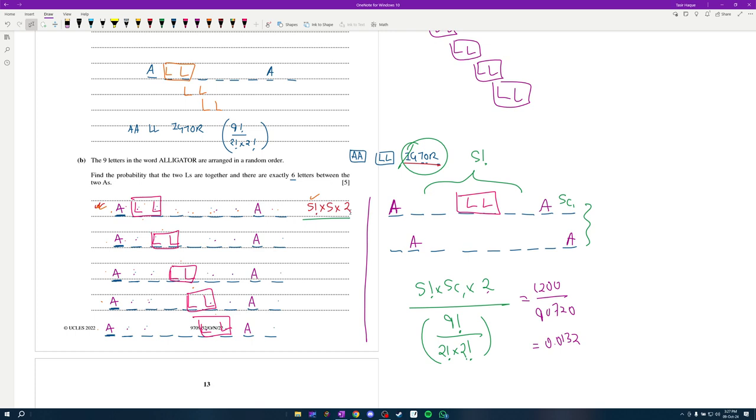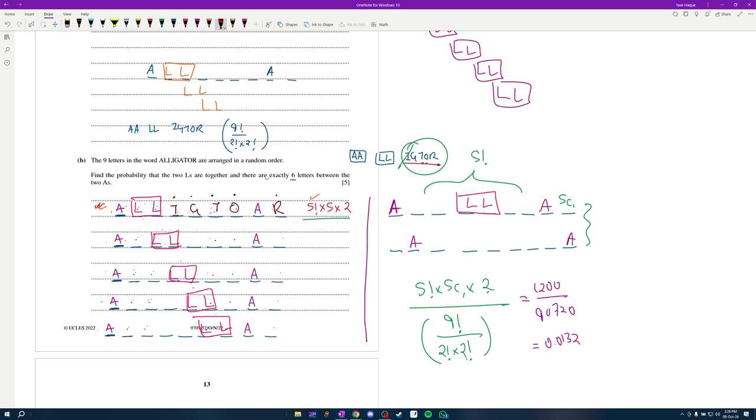Next. The L's are together, so they will be considered as a single unit. So how do we do this? We have I-G-T-O-R. Okay, so we have 1, 2, 3, 4, 5.